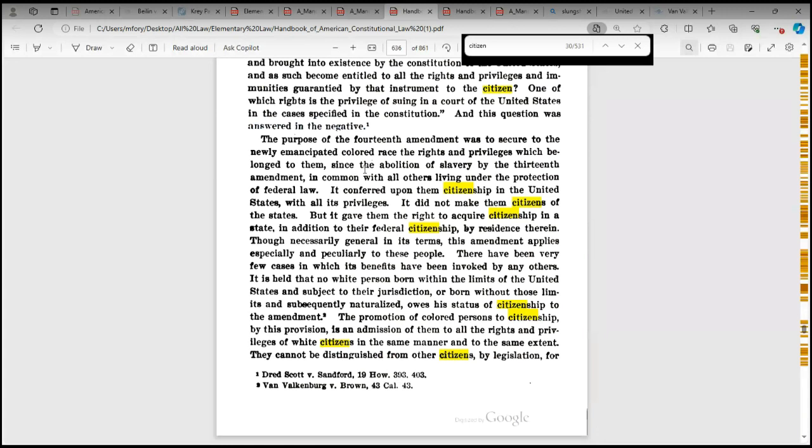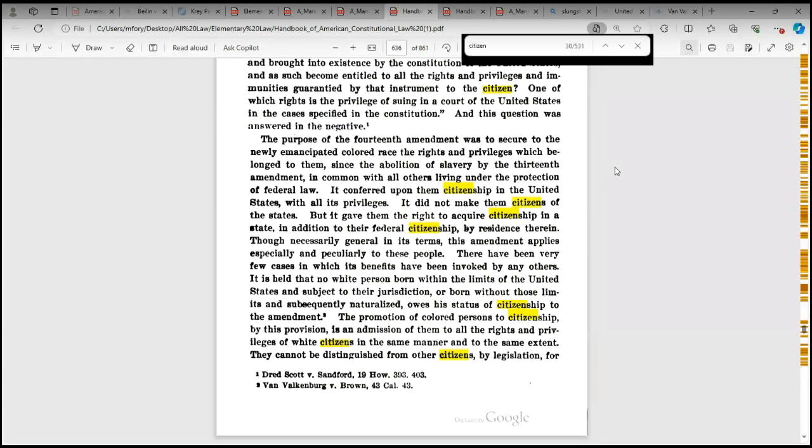The purpose of the 14th Amendment was to secure to the newly emancipated colored race the rights and privileges which belonged to them since the abolition of slavery by the 13th Amendment, in common with all others living under the protection of federal law. It conferred upon them citizenship in the United States with all its privileges.